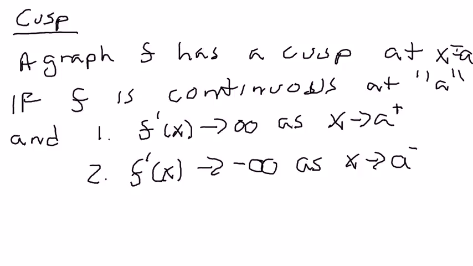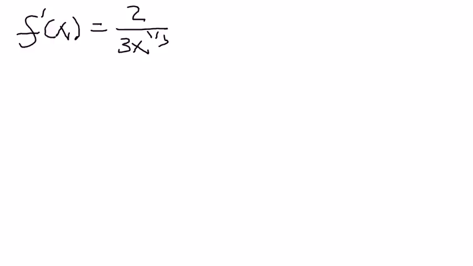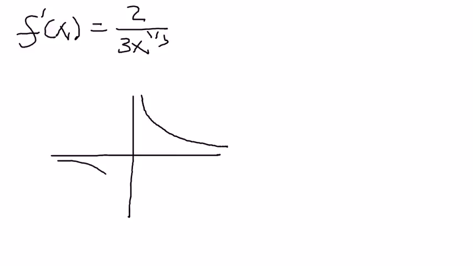Those could be switched around, but if I go back to my original example, f prime of x equals 2 over 3x to the 1/3, the graph of that derivative would look something like this. Remember, this is the plot of the derivative, not the original function. The original function I drew a few minutes ago.